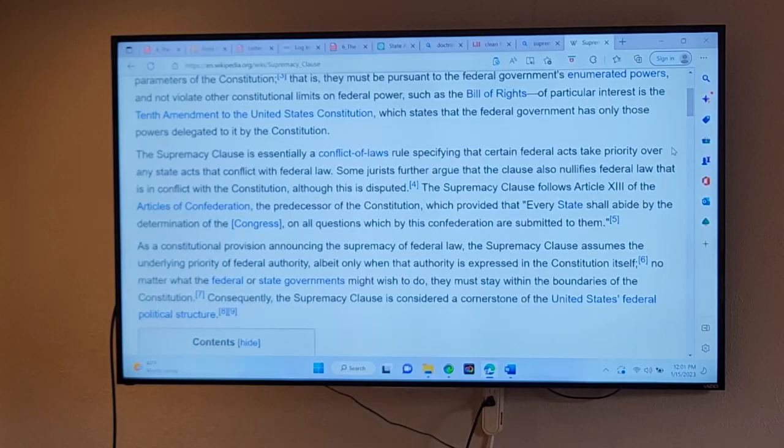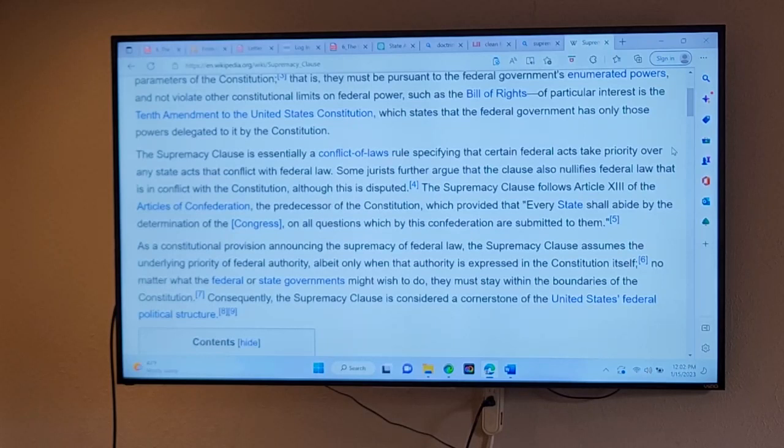Some jurists further agree that the clause also nullifies federal law that is in conflict with the Constitution, although this is disputed.